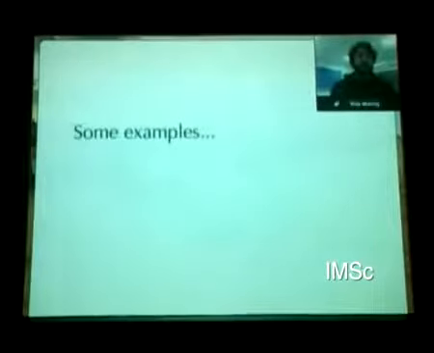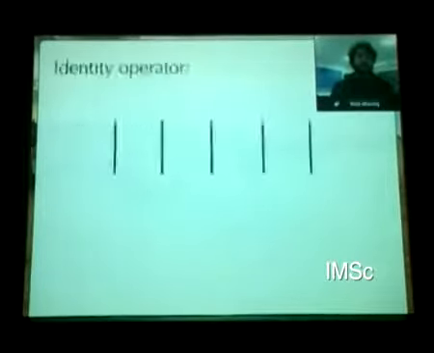So then let me show you some examples of simple, elementary matrix product operators, and then we can work up to the more general type, and I'll show you how to construct them. This is the most simple one, which is almost too simple, and it's the identity operator, the many-body identity operator. Each site just has one operator on it, which is factorized from all the others, and it's just the identity.